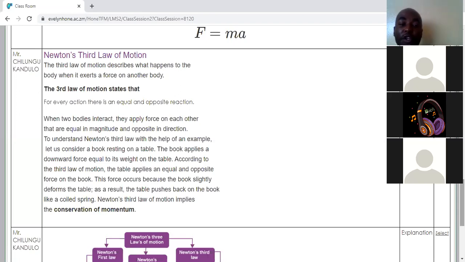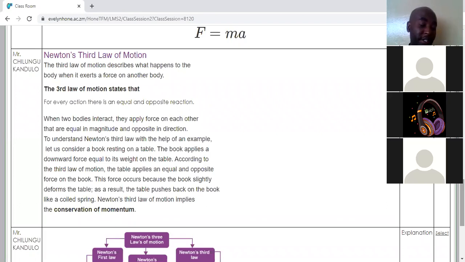So that's the thing. So the third law is very simple. It states that to every action force there is an equal and opposite reaction force. So what that means, the biggest example is when you have your phone resting on a table.